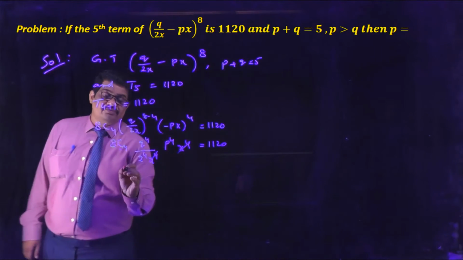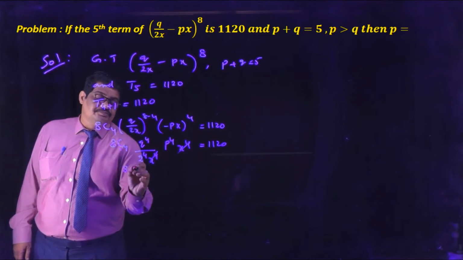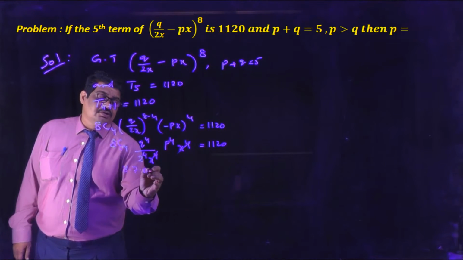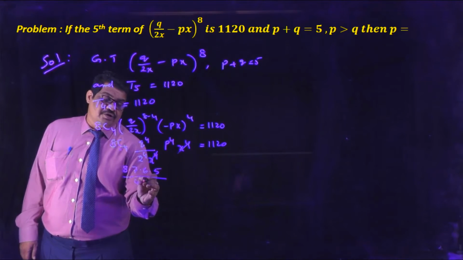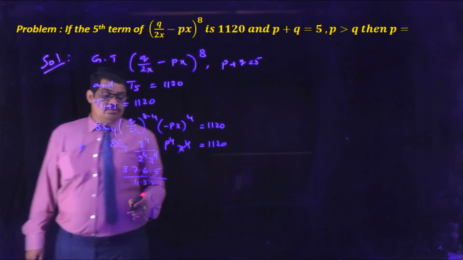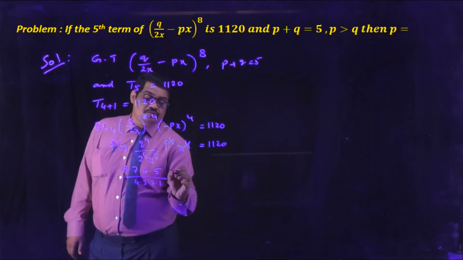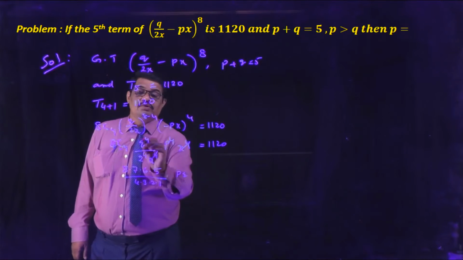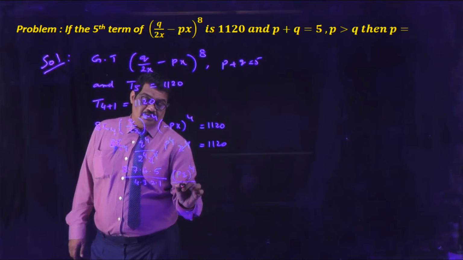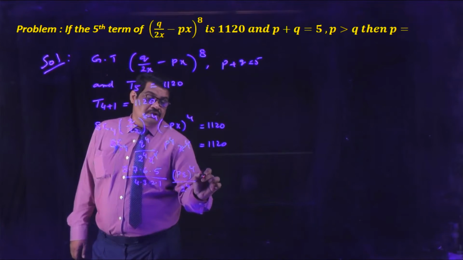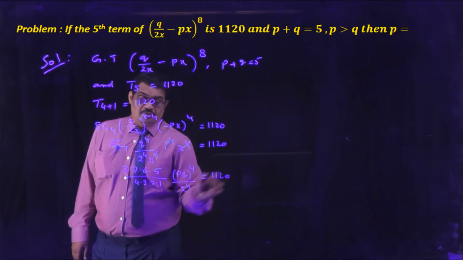What is 8C4? That is 8 into 7 into 6 into 5 by 4 factorial, that is 4 into 3 into 2 into 1. Here p to the power of 4, q to the power of 4, that is (pq) to the power of 4 by 2 to the power of 4, is equal to 1120.